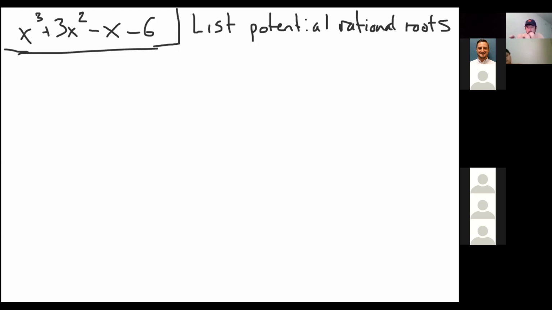All right. And just for the sake of time, I'm going to give you all just 30 more seconds. I know it's not a ton of time. Just 30 more seconds. So list all possible rational roots, potential rational roots for this polynomial. Yep, thank you for putting in chat, Shamar.